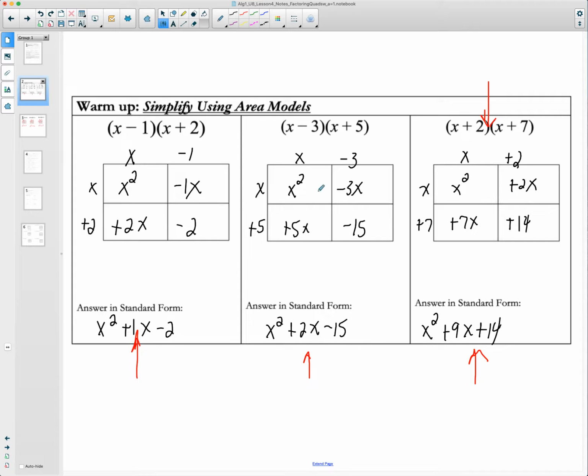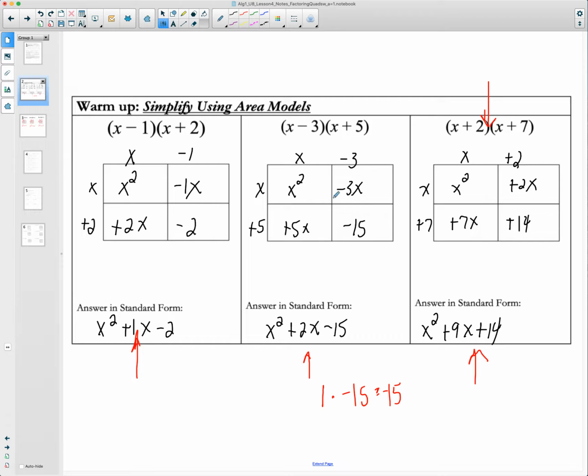If I look at these first two terms, notice this is 1 and this is negative 15. So 1 times negative 15 equals negative 15. And if I look here, notice I have a 5 and a negative 3. Well, 5 times negative 3 is also negative 15.